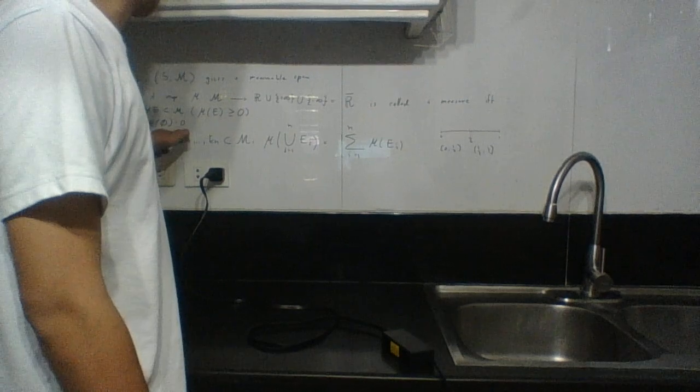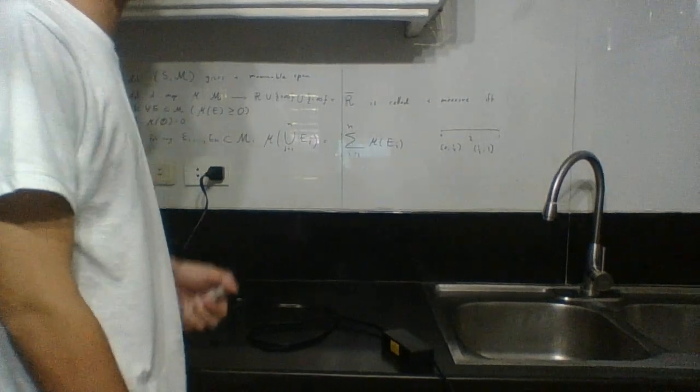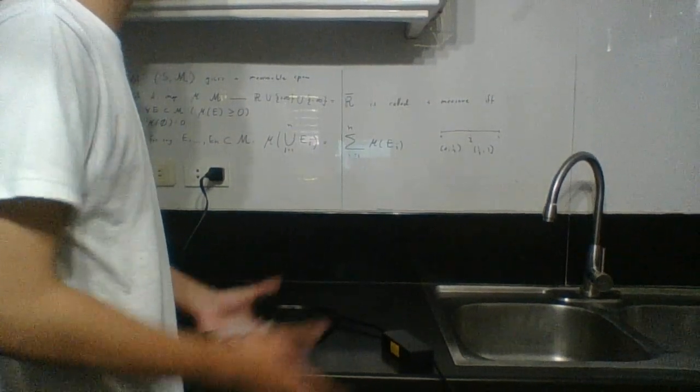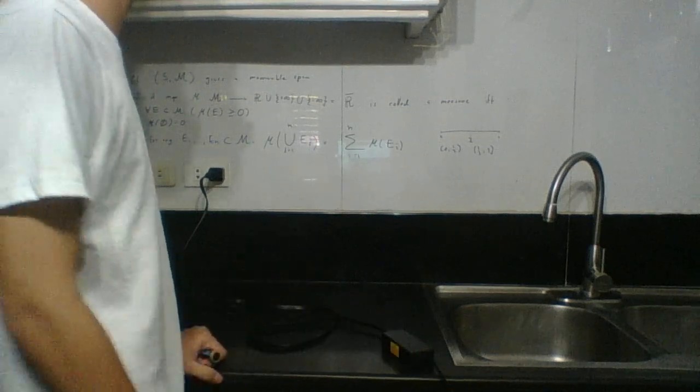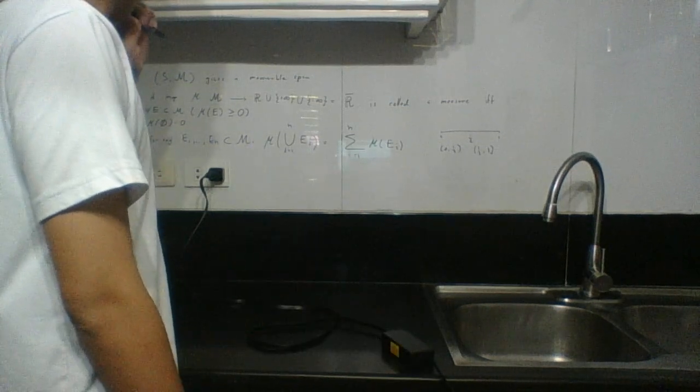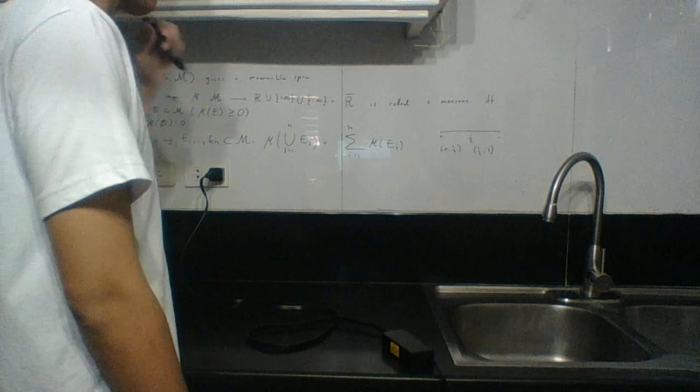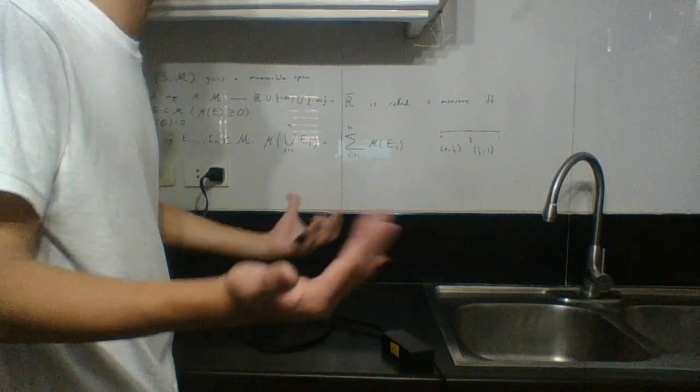And of course, it satisfies the second condition because, what's the length of nothing? 0, right? And also, of course, it's always positive. There's no such thing as a negative length.